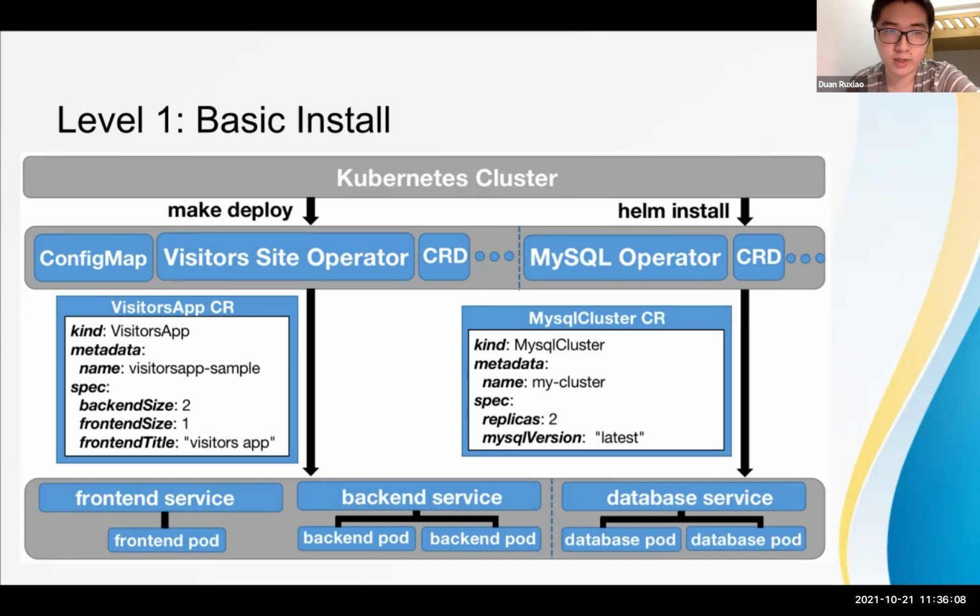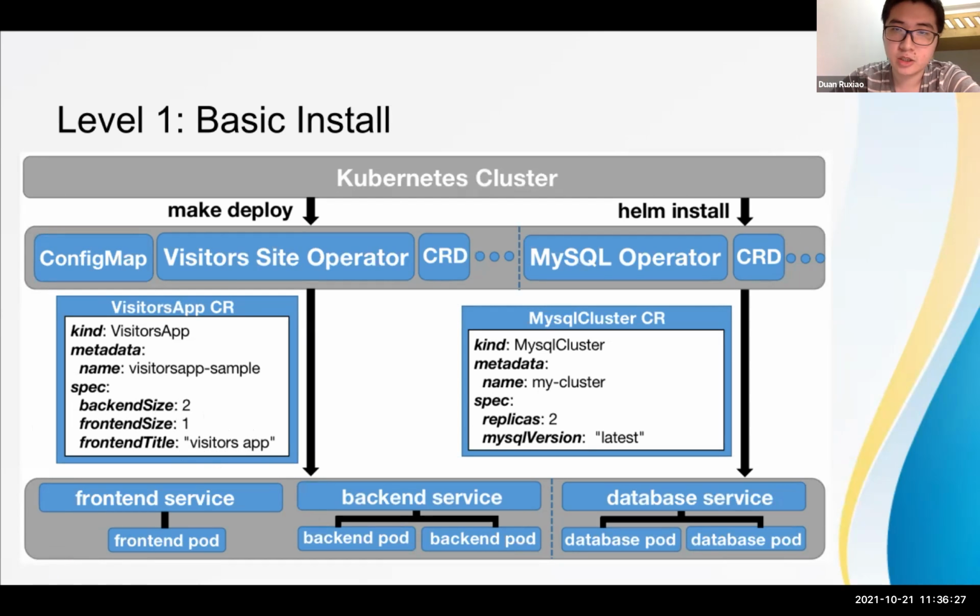For example, for the front end, we just want 1 pod, so we can specify it here. And for the back end, we want 2. You can see that all these attributes can be specified in the custom resource, also including the front end title, that is the title on the main page.